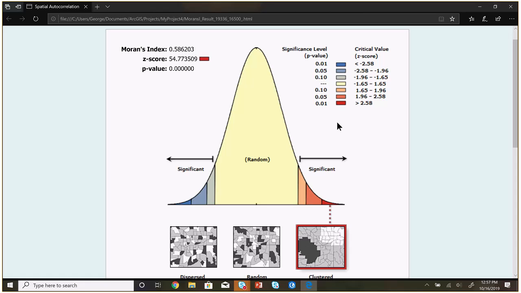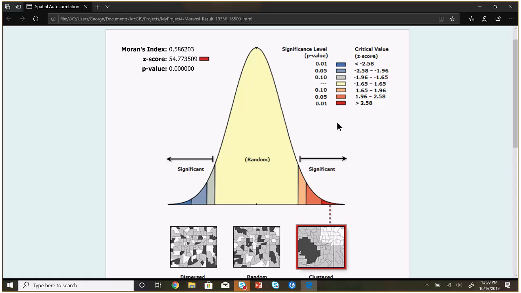What does that mean? Clustered, yeah. So in other words, counties that have obese people tend to be close to counties that have obese people, and counties that aren't obese tend to be close to counties that aren't obese. It's really strong.